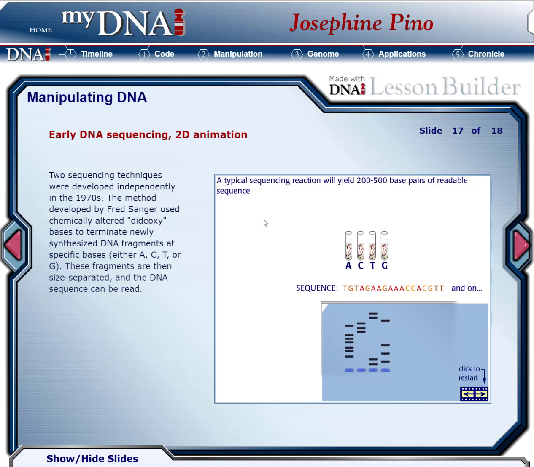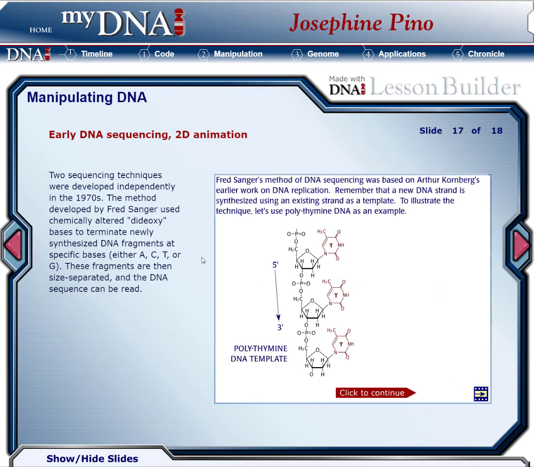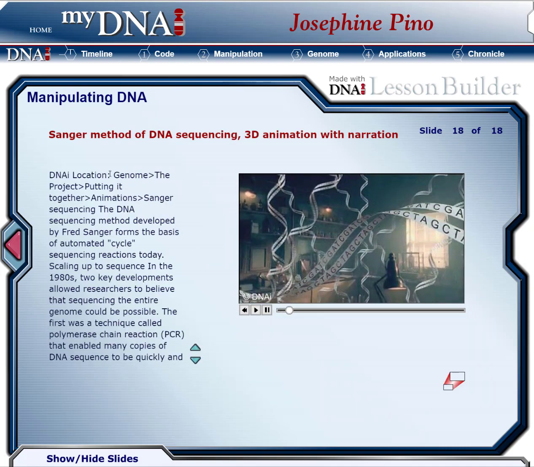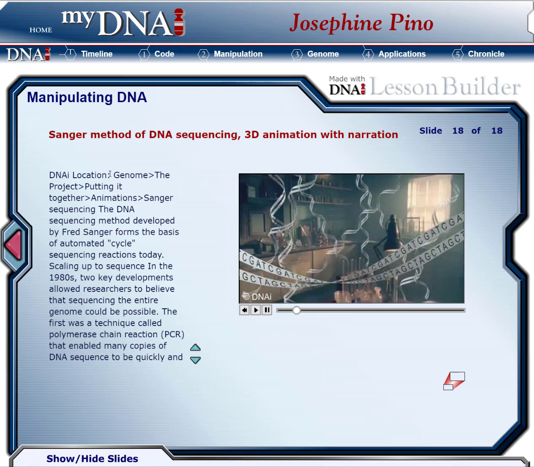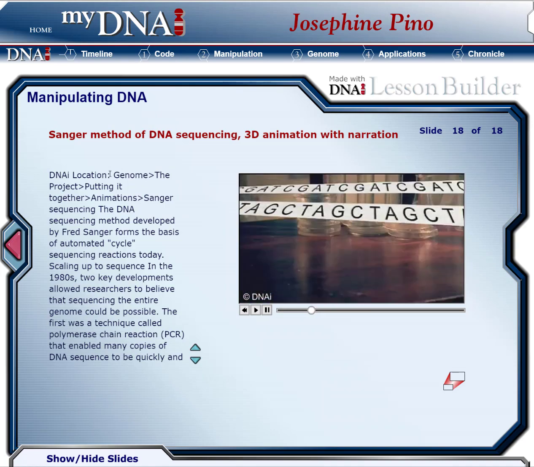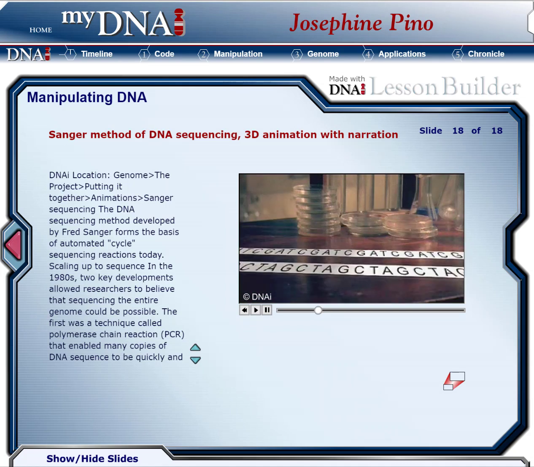A typical sequence reaction will yield 200 to 500 base pairs of readable sequence. The first method of sequencing the genetic code was devised by Fred Sanger. To sequence the DNA, it must first be separated into two strands.